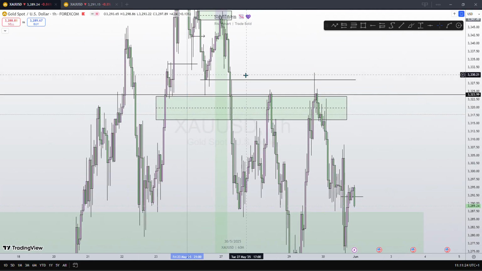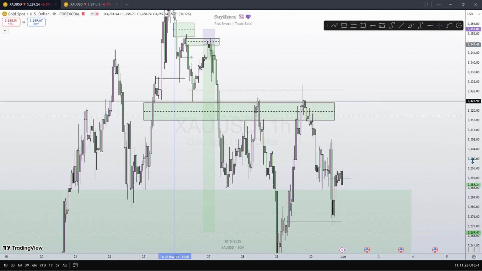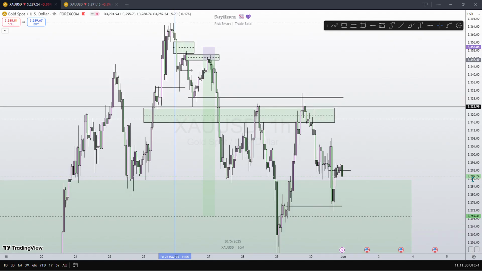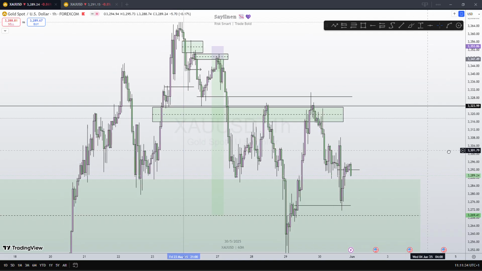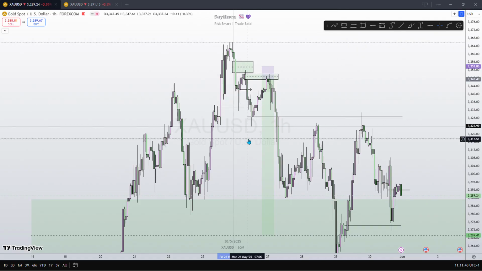So if we look on 1 hour right here, I know last week was actually pretty tough because we got stopped out multiple times, catching a lot of buyers, really messed up last week.